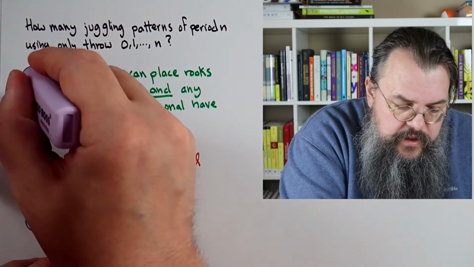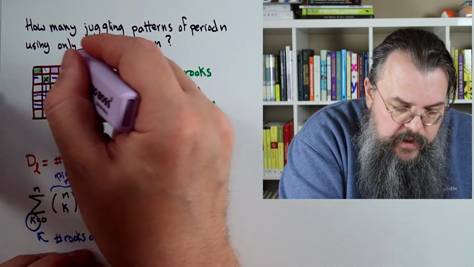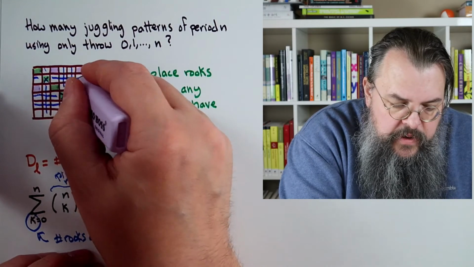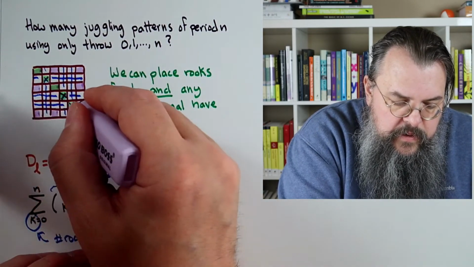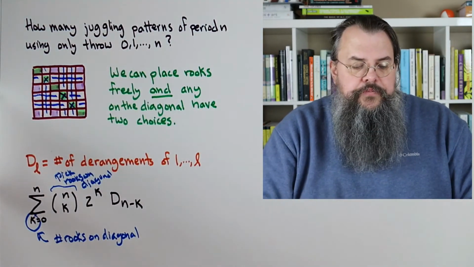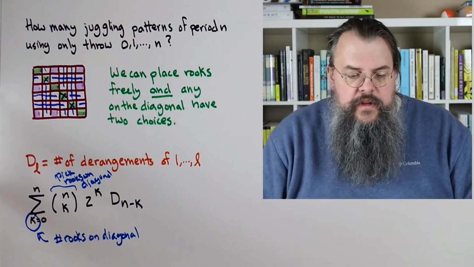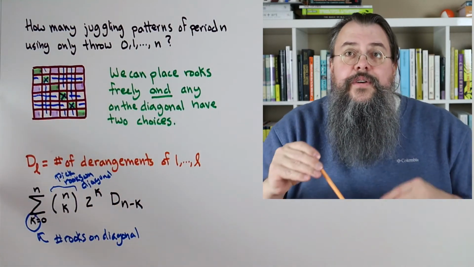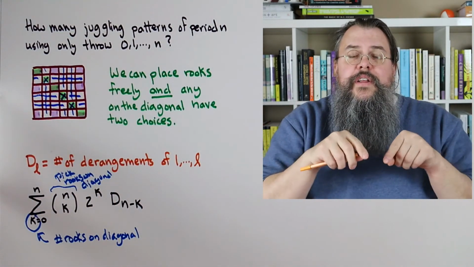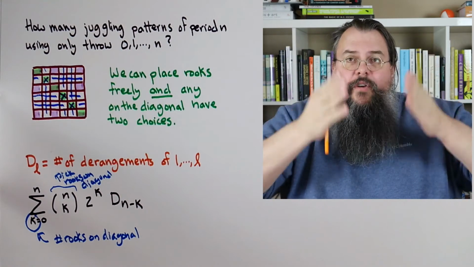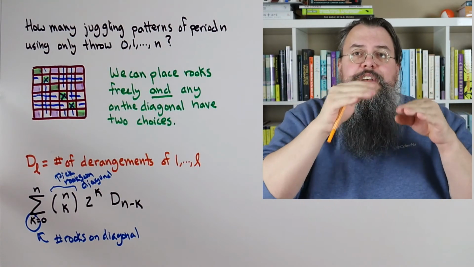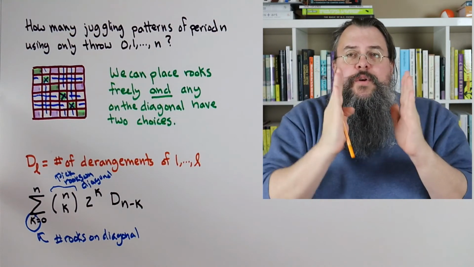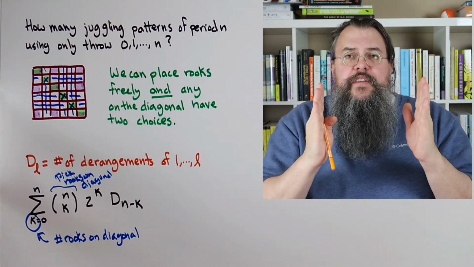If we marked on this board what was left, what we would see is the following. It's a little 3 by 3 board. So it's a smaller board. We've crossed out k rows and k columns, so it's an n minus k by n minus k board. We start with n by n. When we cross out those rows and columns, we're left with n minus k by n minus k.